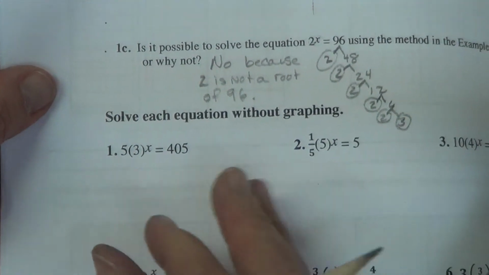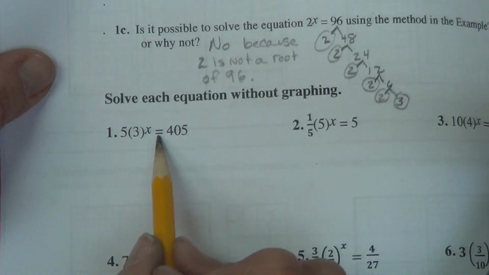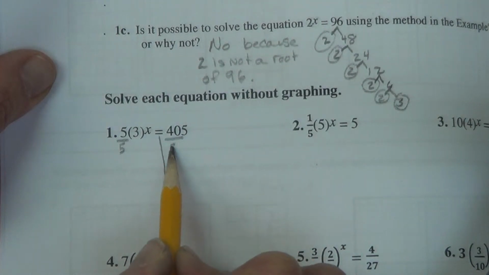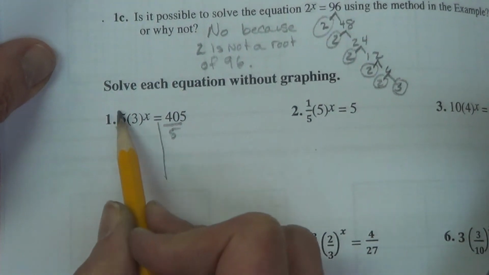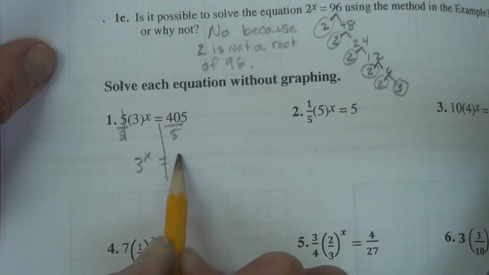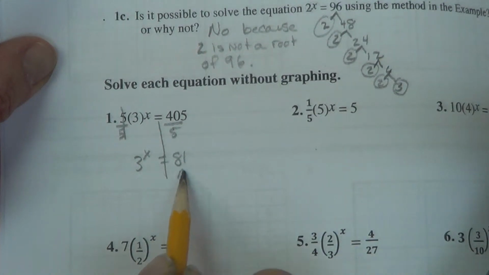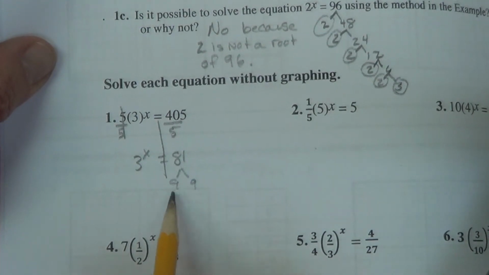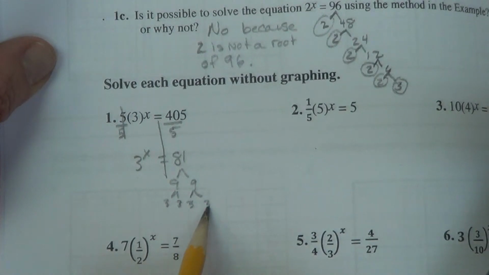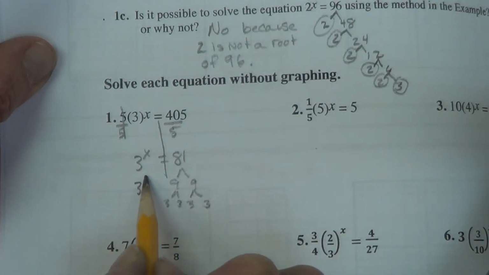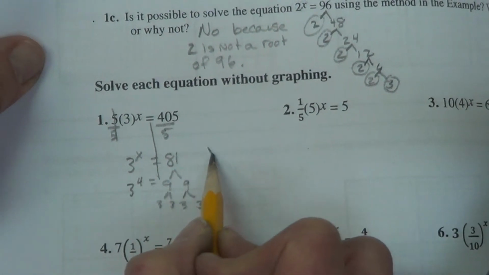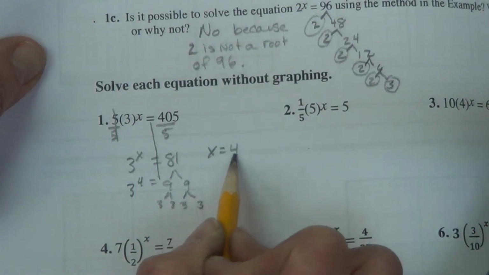Okay, solve the equation without graphing. So we draw our line down, we divide by 5 on each side. Reduces, we have 3 to the x equals 81. Break down your 81, and we see that 3 to the 4th equals 81, so x equals 4.